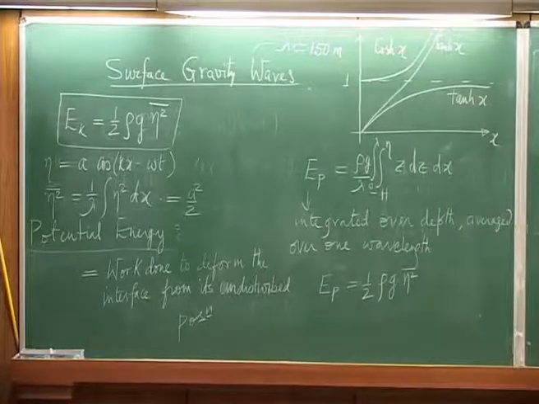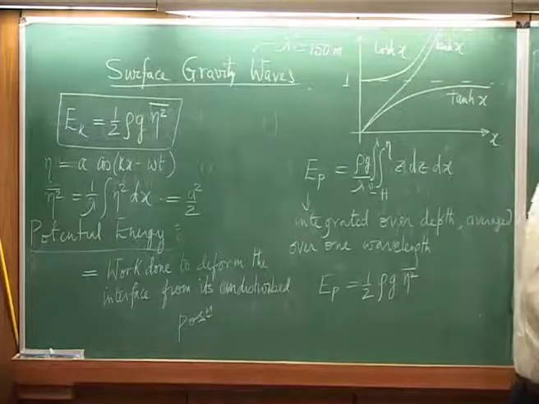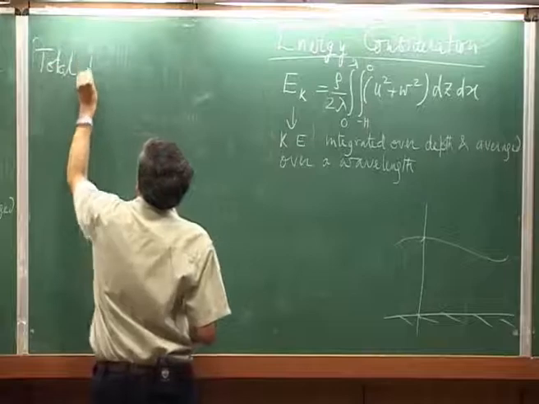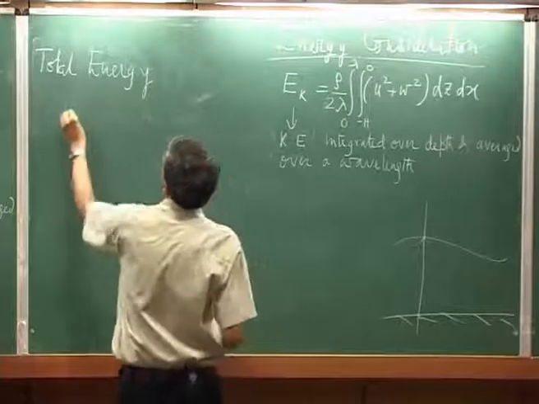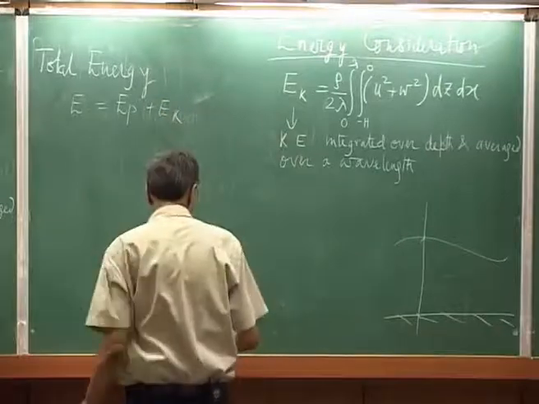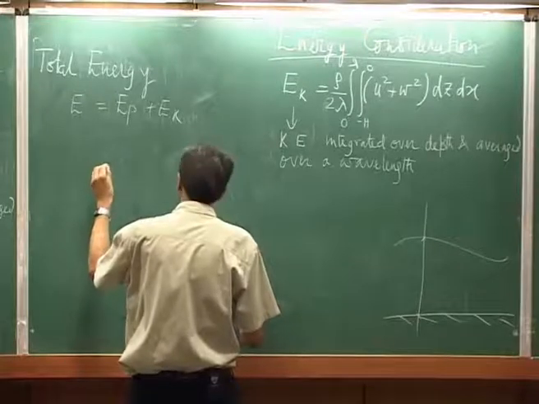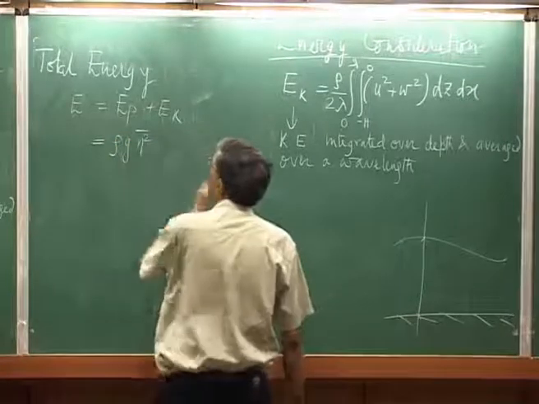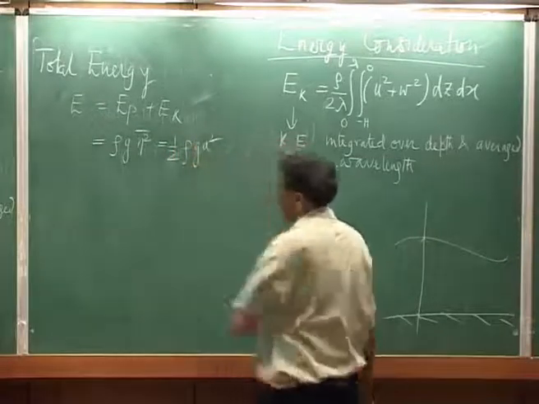So, having obtained this, what we could do is we can talk about the total energy of the system. Well, that would be sum of these 2, and you find that it should be equal to half rho g square.